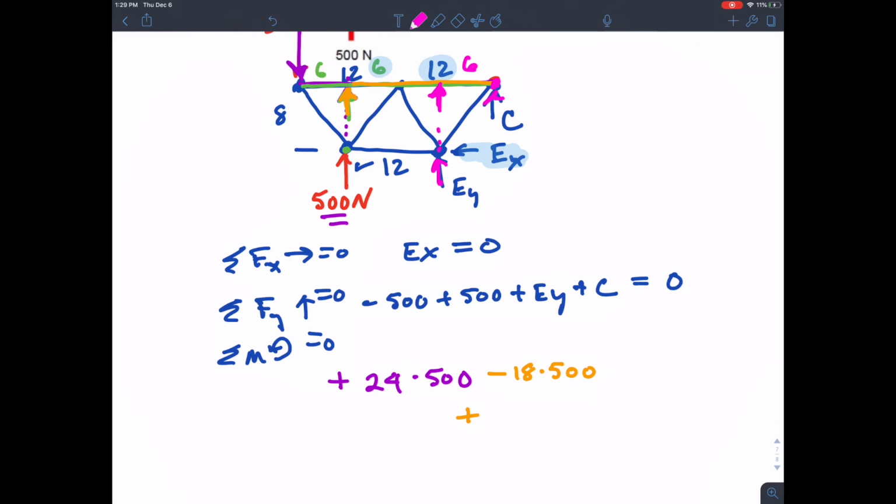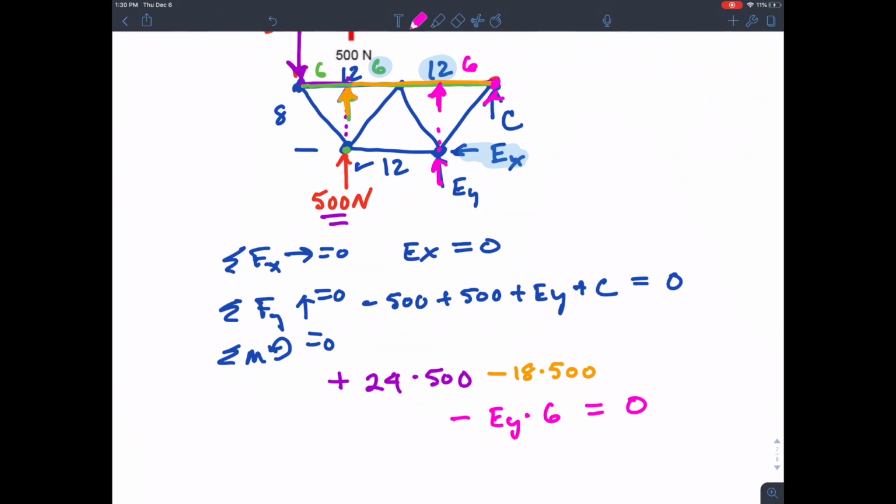All right, so that moment would be Ey times 6. And again, this would cause a clockwise rotation, and so this would have a minus sign on it. Okay, and that does it for all the forces that are generating a moment around point C.